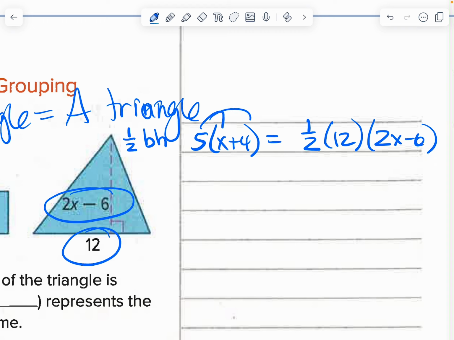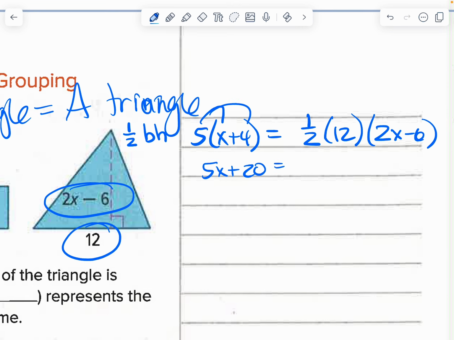So I take 5 and I multiply it through, 5x plus 20. Over here, you do multiplication straight across. This times this will get me 6. 5x plus 20.